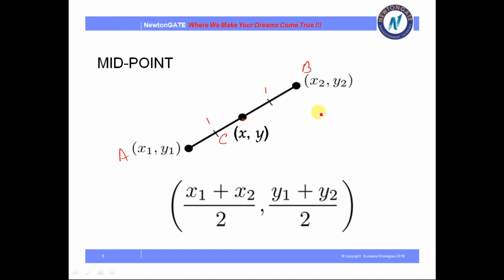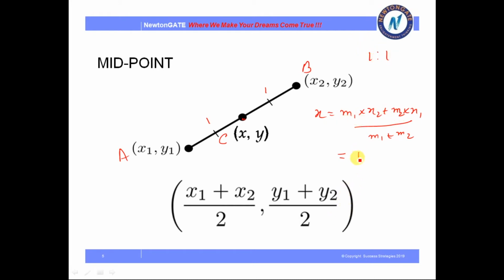Why? If I show you why, what was the formula of x for the section formula? x was equal to (m1 into x2 plus m2 into x1) by (m1 plus m2). Right? This was the formula of x. So if we put the values of m1 and m2, what are m1 and m2? 1:1.